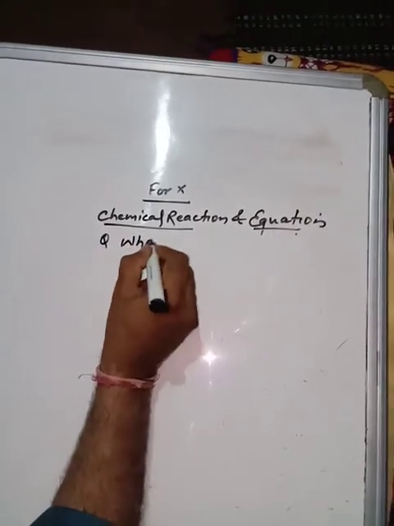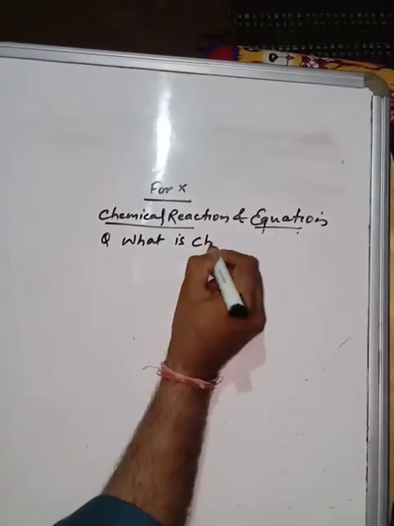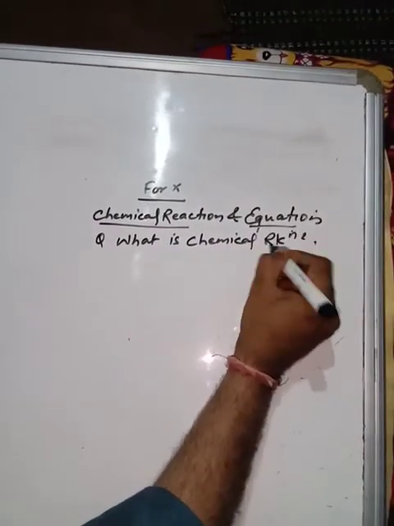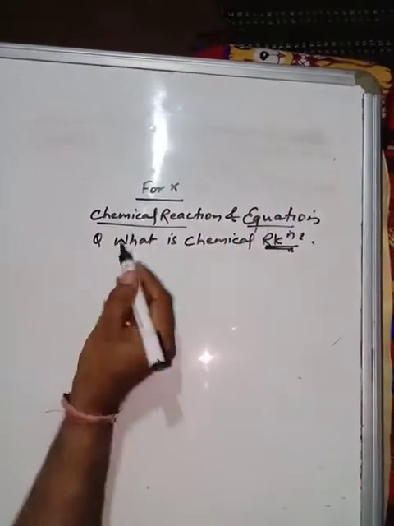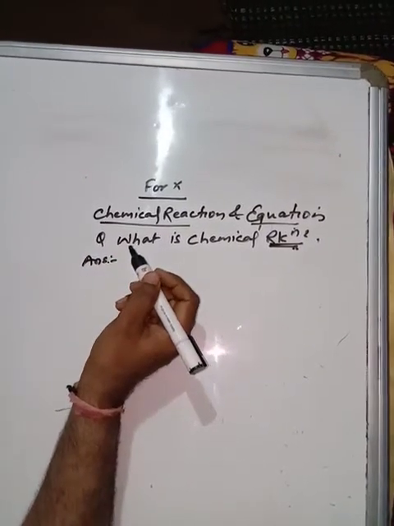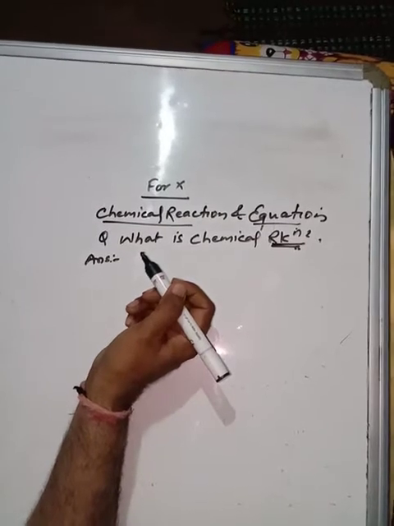What is a chemical reaction? In short form, I am writing reaction to mean chemical reaction. The answer is that it is the process by which new substances are formed.